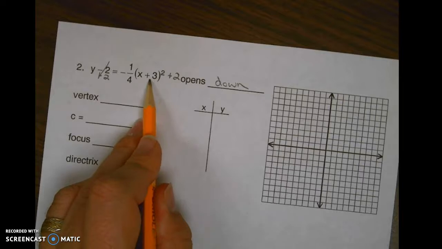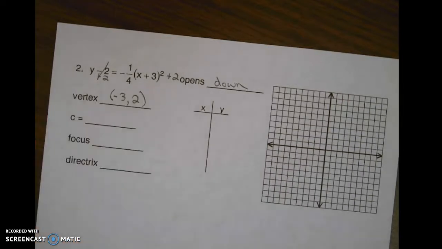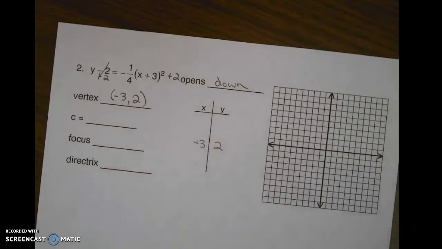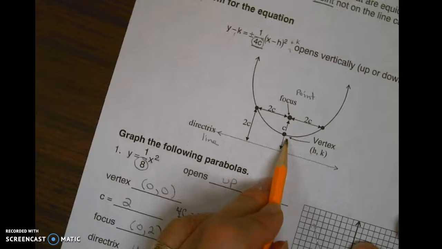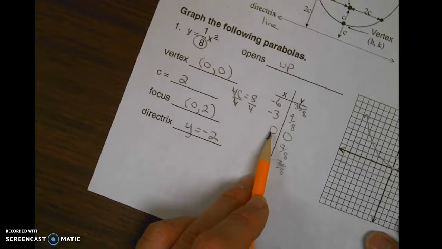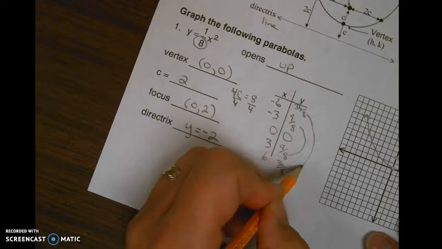The vertex obviously is (-3, 2). Okay, put that into my table. Notice I put it in the middle. The vertex is in the middle of the parabola. I like to put my vertex in the middle, and then I like to see my symmetry happening on each side.